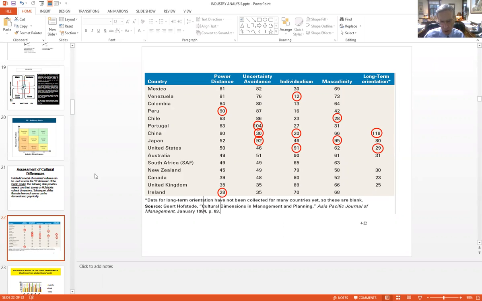But these are the ones that are used most often to evaluate the dimensions of culture that we can use to distinguish a company and to guide us in our marketing and operating strategy.